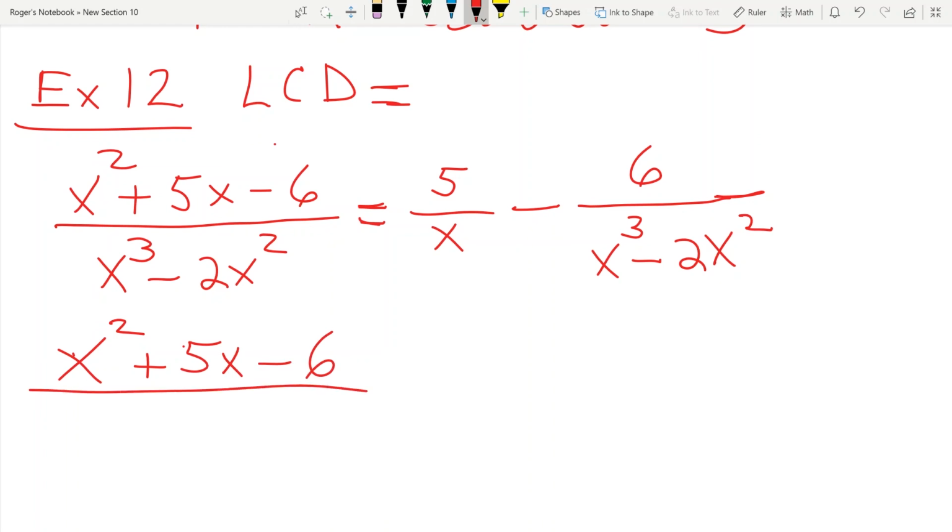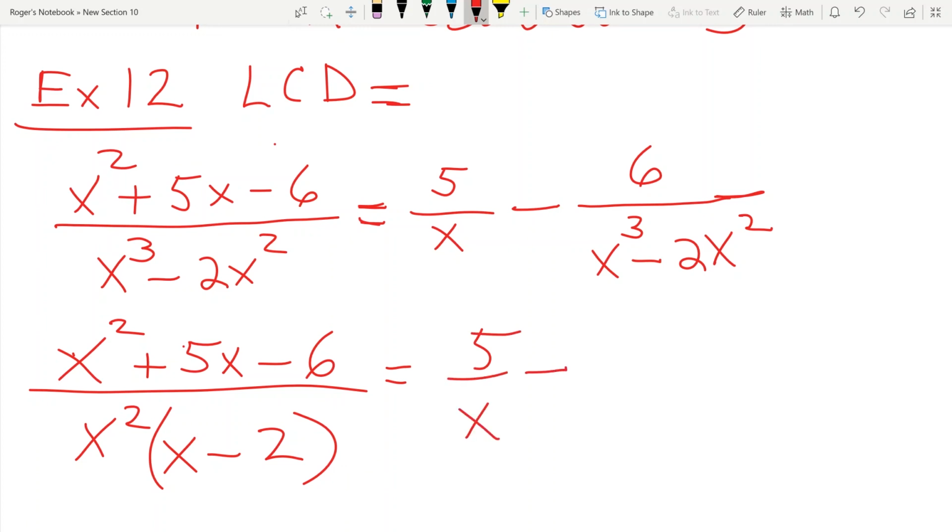And we're going to put all of that over x squared times x minus 2. Okay? X squared times x minus 2 is in fact x cubed minus 2x squared. And that will be equal to 5 over x minus, and on this side, notice we have the same thing. It's going to be x squared times x minus 2.